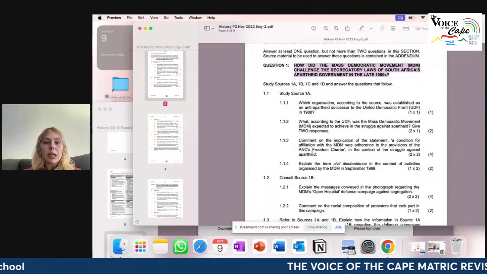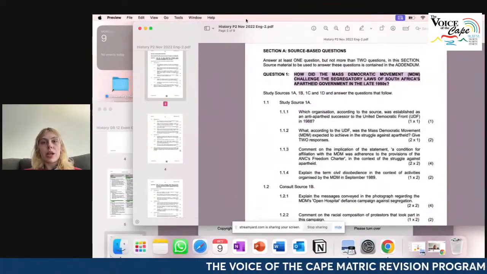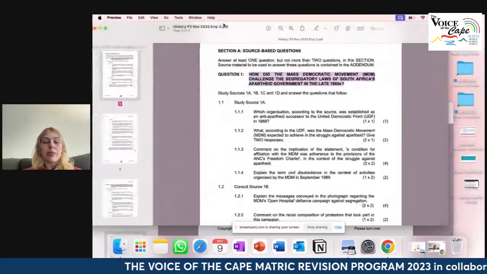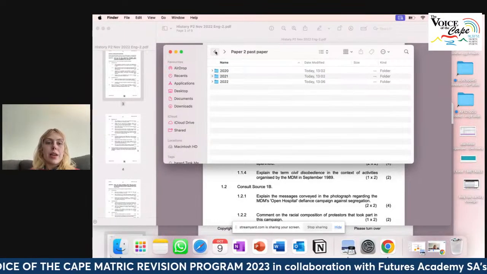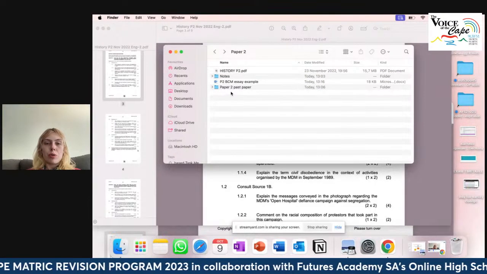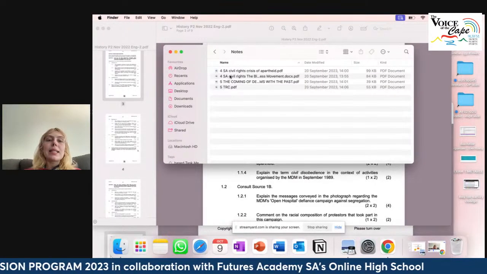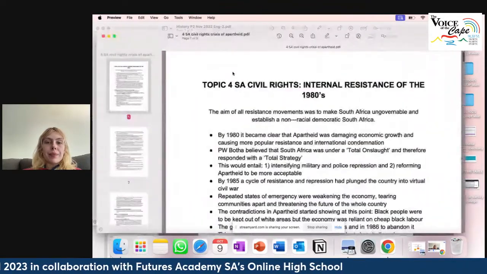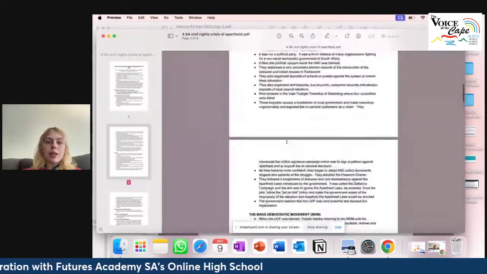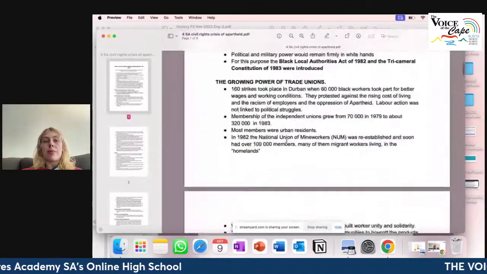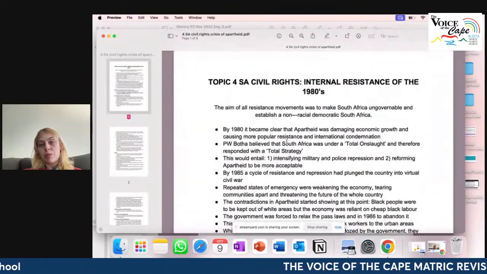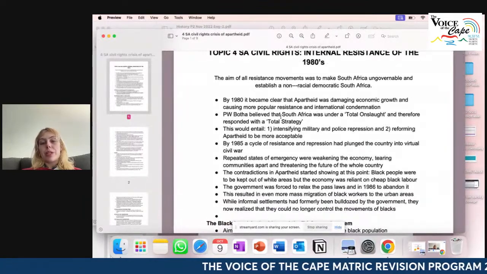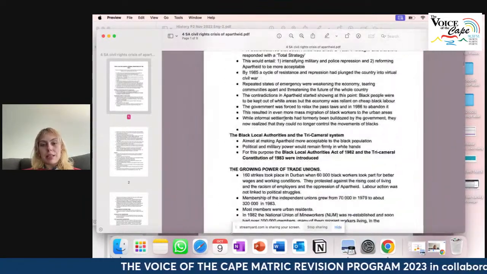So we will start with section A, the first question, which is on the mass democratic movement. I believe you did this in term 2, and it's essentially on how, after the Black consciousness movement, or because of the Black consciousness movement, resistance picked up in the 1980s.